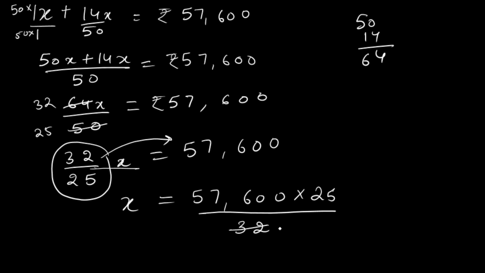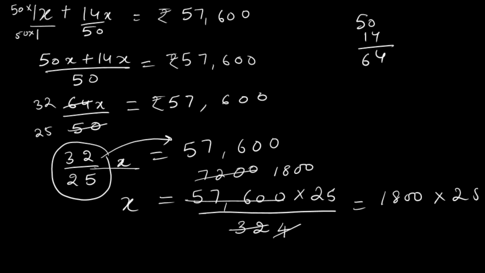So 8 into 4 is 32. 8 into 7 is 56. 8 into 9 is 72, so 7,200. Now the 4's table we can directly cancel. 4 into 1, 4 into 1. So I am getting 1,800 into 25 after doing all the calculations.